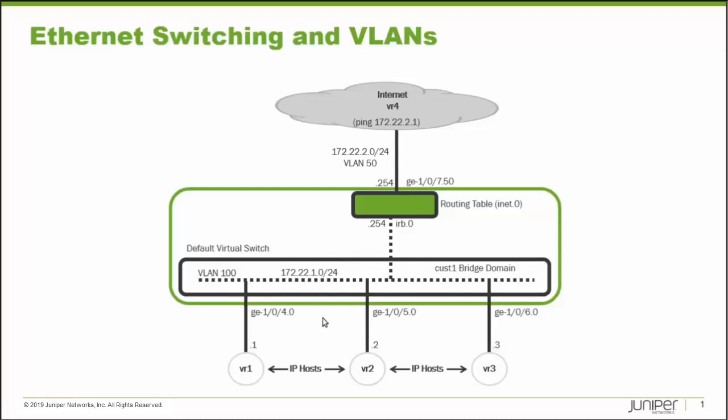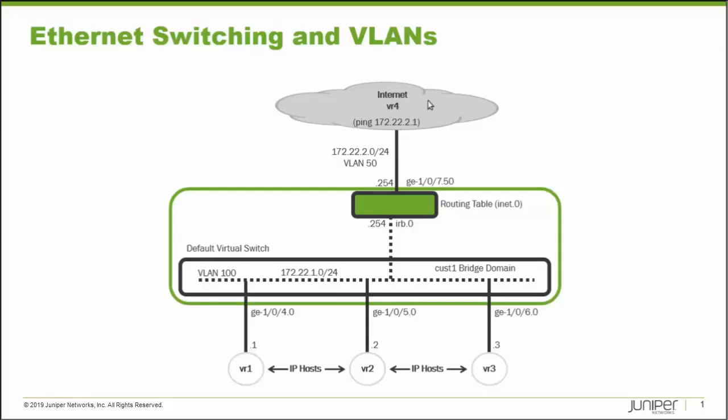As well as providing interconnectivity between our customer devices, we want to provide routing for these customer devices out to the greater network, out to the internet. We're going to do that by implementing an IRB interface and associating that with our bridge domain to provide this layer 2 to layer 3 interconnection and to allow these hosts to route out to the internet.